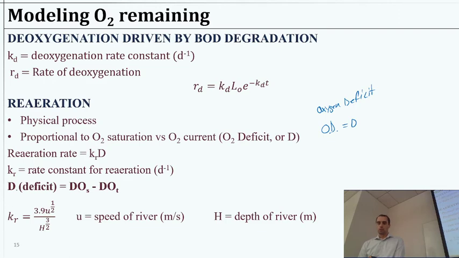And for natural rivers or streams, there is an empirical relationship that's been found to describe essentially that type of situation. What is the rate constant for reaeration given the speed of a river and the depth of a river? Okay, if you think of the Mississippi and how deep that is around where we are, it's upwards of 500 feet deep, right?